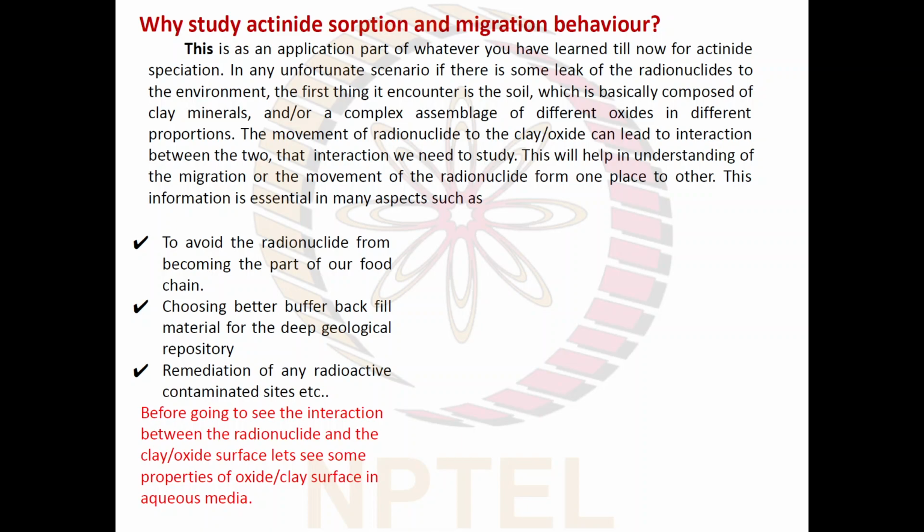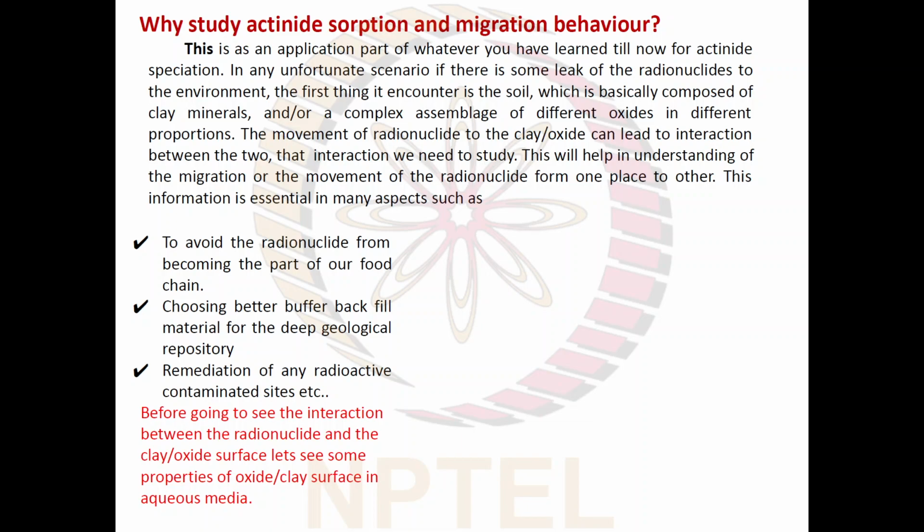This is an application part of whatever you have learned till now of actinide speciation. In any unfortunate scenario, if there is some leak of radionuclides in the environment, the first thing it encounters is the soil, which is basically composed of clay minerals and a complex assemblage of different oxides in different proportions. The movement of radionuclide to the clay oxide can lead to interaction with them.